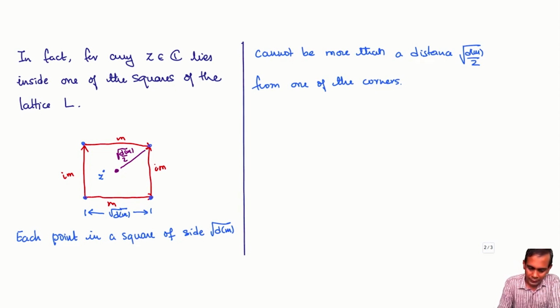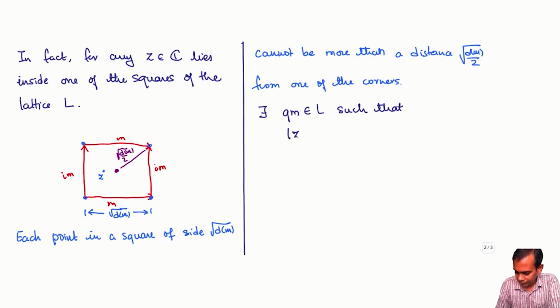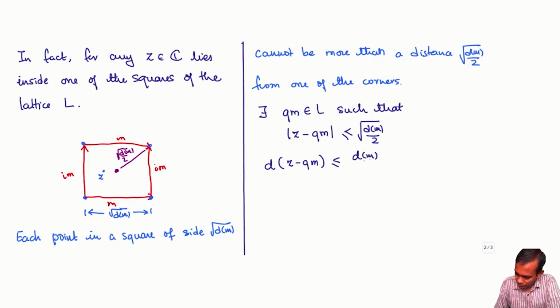So there exists qm belonging to L such that the distance from z to qm is at most square root of d m by 2, or in other words, d of z minus qm is less than or equal to d m by 2, which is strictly less than d m.